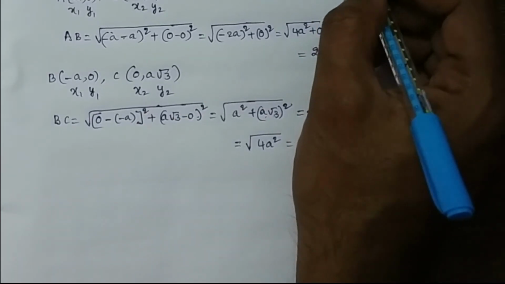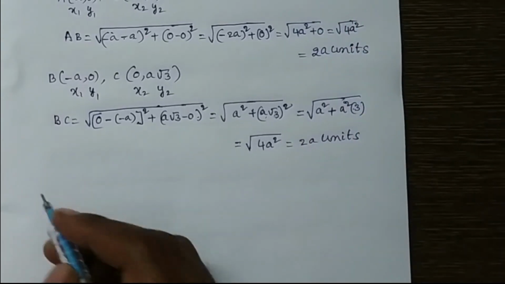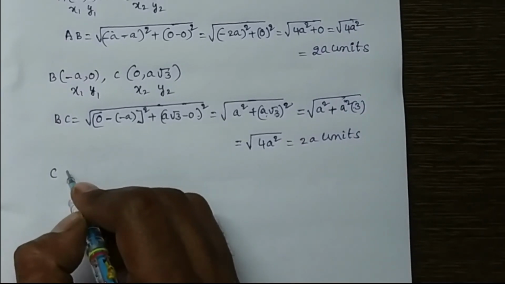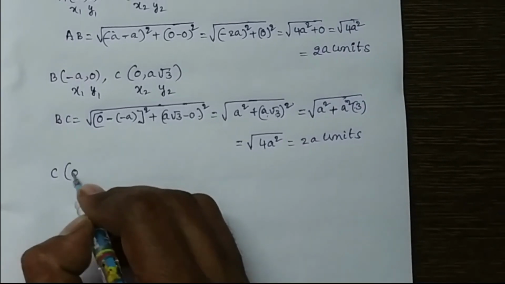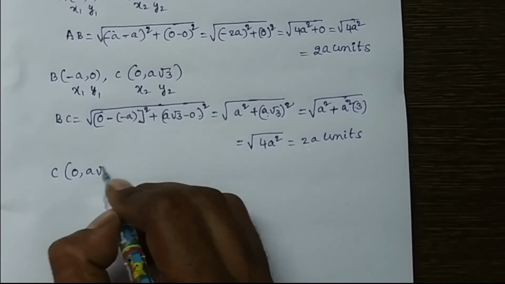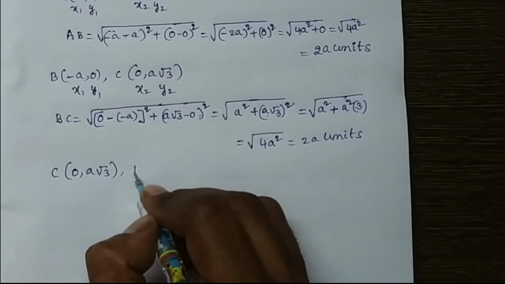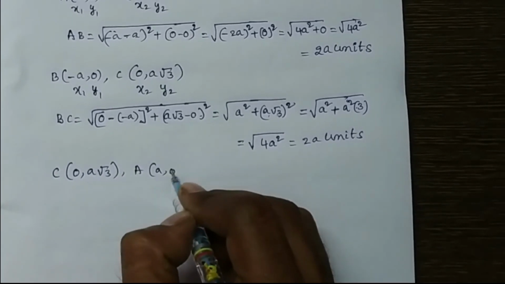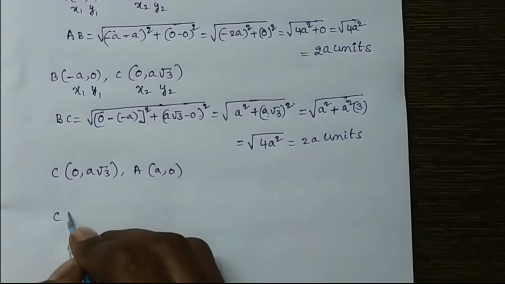Next we have to find the length of CA. Take the points of C and A, 0 comma a root 3 and a comma 0. Come to CA.